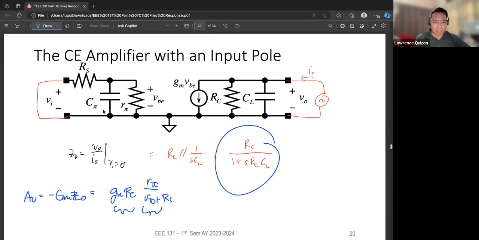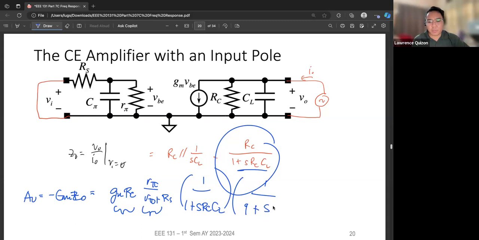Affected by the voltage divider here. And then we have this pole. And we have the other pole, which we obtained from GM. So this pole will be C pi times RS parallel R pi.